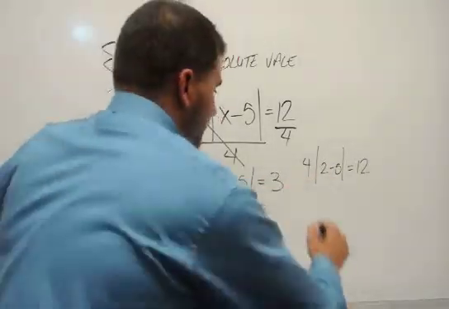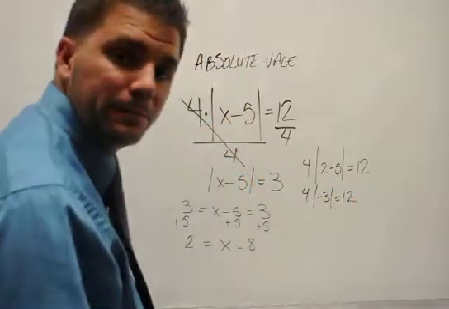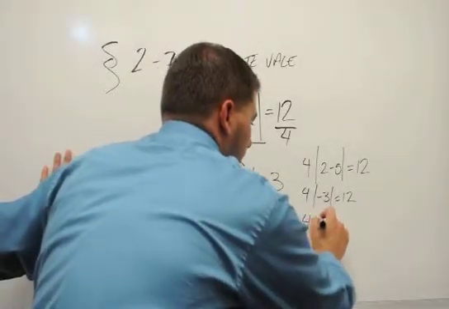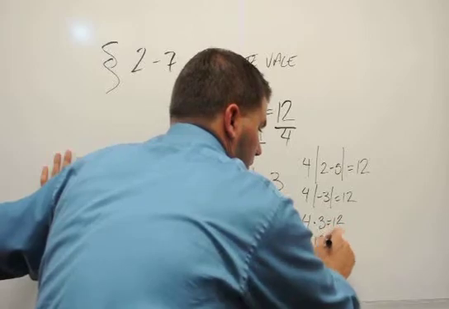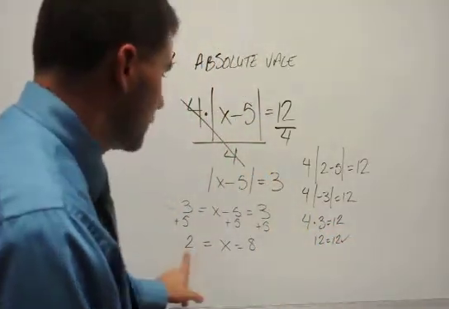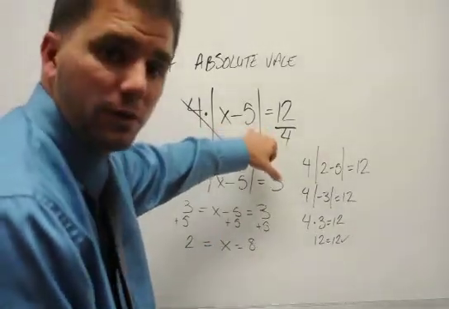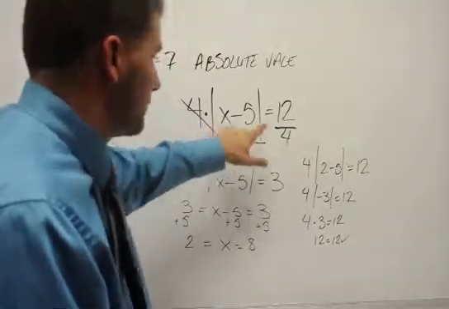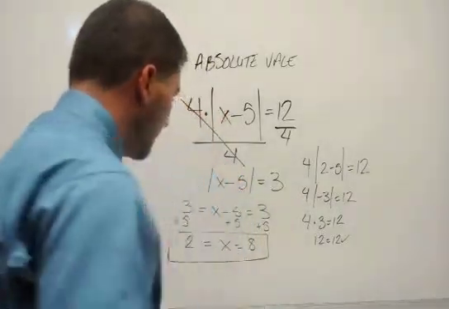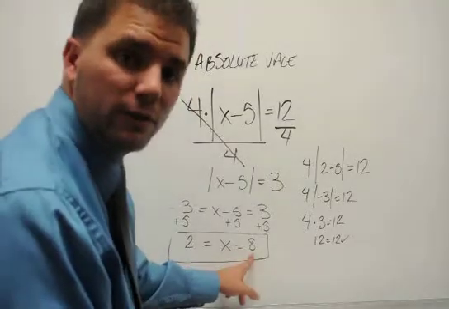So 2 minus 5 is negative 3. However, the absolute value of negative 3 is positive 3. 4 times 3 is 12. So the 2 works. The 8 I can do in my head. 8 minus 5 is 3. The absolute value of 3 is 3. 3 times 4 is 12. So my two cases for this problem, x can be 2 or x can be 8 for this answer.